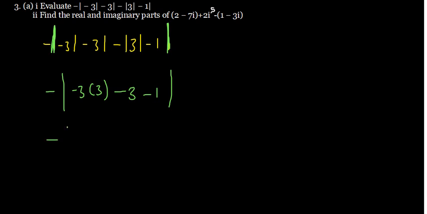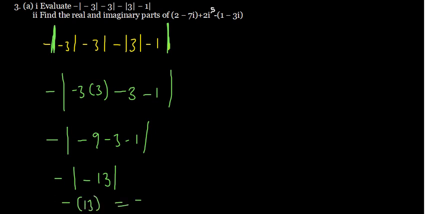So this is negative absolute value. Negative 3 times the 3, that is a negative 9, minus 3 minus 1, absolute. So this is negative 9 minus 3 minus 1, that is going to be negative 13. Absolute value of negative 13 is positive 13, but multiplied by this negative outside, that will be negative 13. So that is the answer for this one.